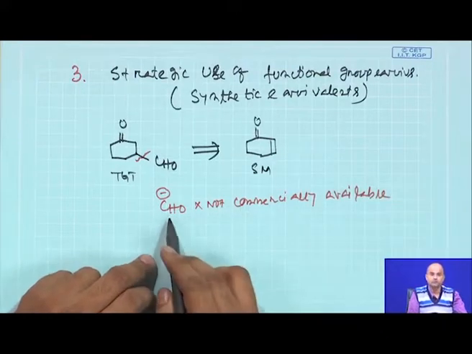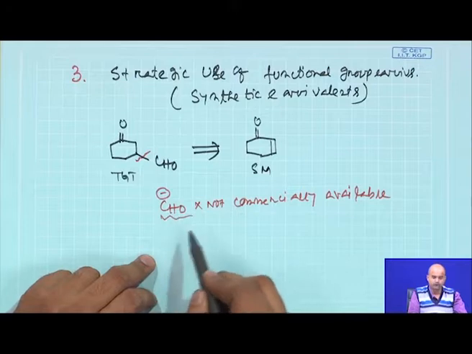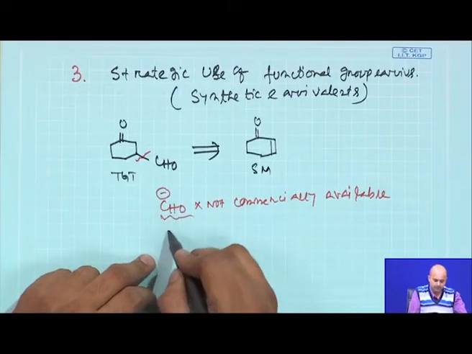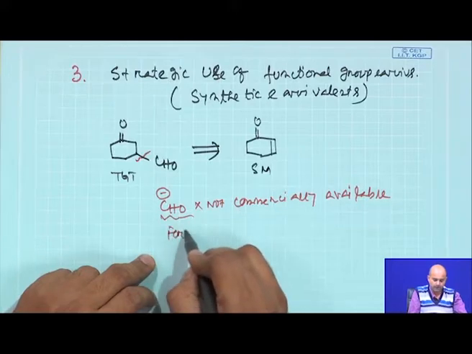Now, this particular species we call a synthetic equivalent or functional group equivalent of a formyl anion. This is nothing but a formyl anion.